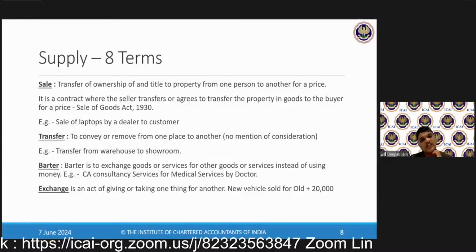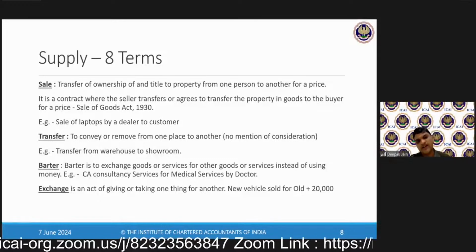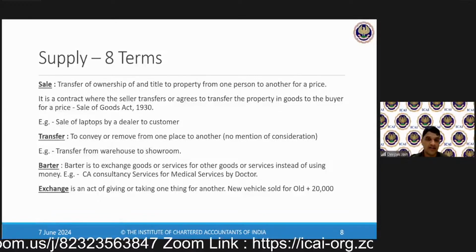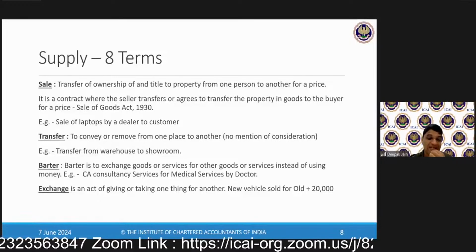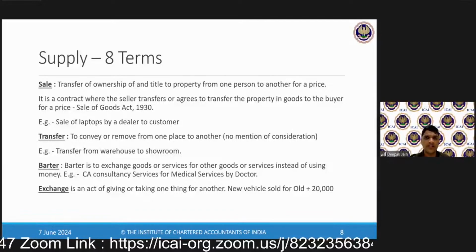Exchange. Exchange is an act of giving or taking one thing for another. It is a mixture of, say, transfer and barter, but to not leave any gap, they have included exchange also under the definition of supply. What is an exchange?